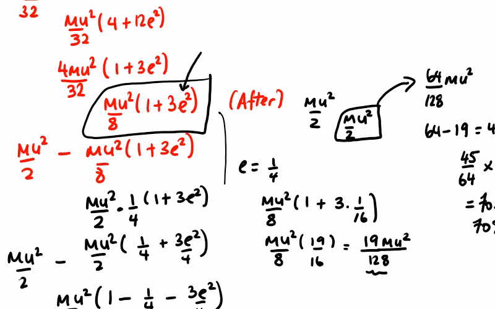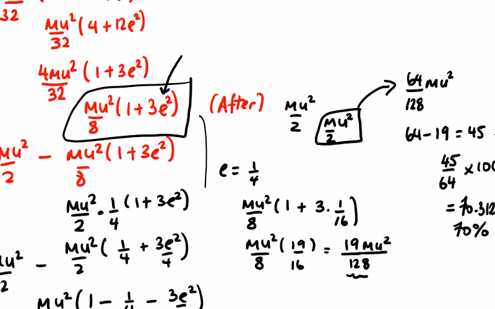Well, let's just give e two values, 0 and 1. Mu squared over 8 times 1 plus 3 times 0, so that would just be mu squared over 8. So mu squared over 8 is the least that it can become.